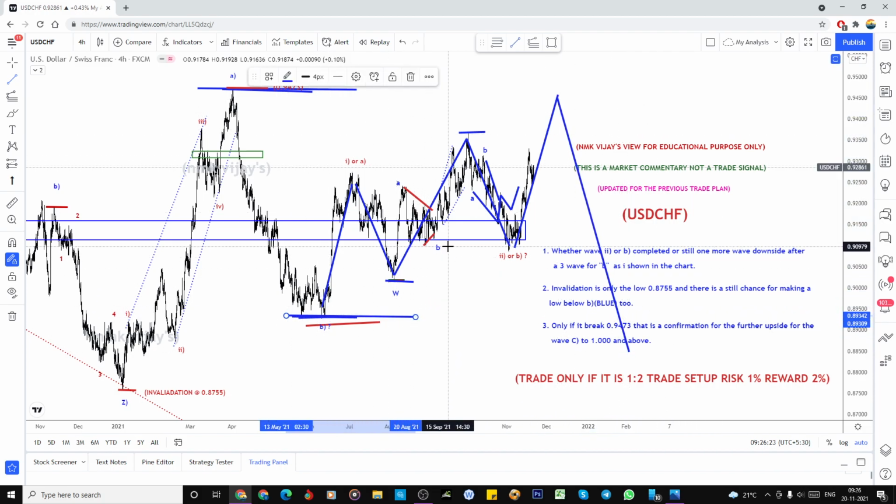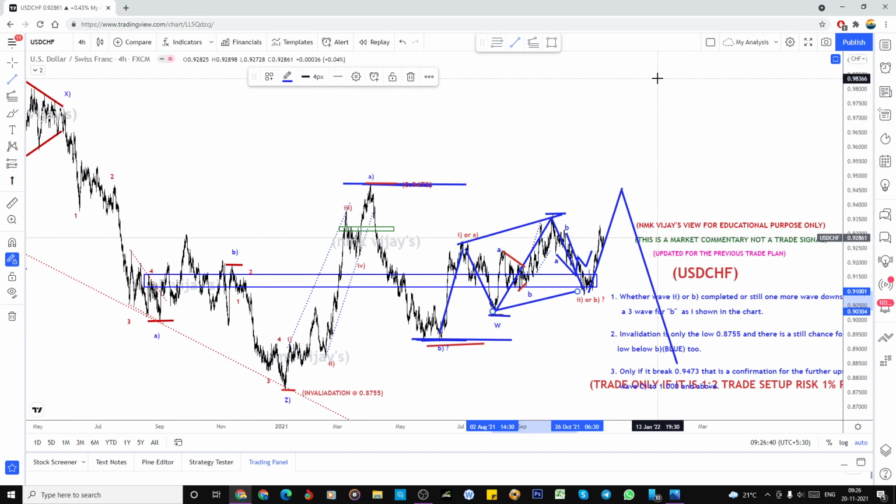That is why I keep on informing you, and this will become the correction part. So this is the A, B, C, where B is a running flat, and then C. Whether it is going to break or continue like that, it could be. If it is a 1, 2, then this is the third wave. And later on, if it is still going higher, this A will convert into 1, 2.